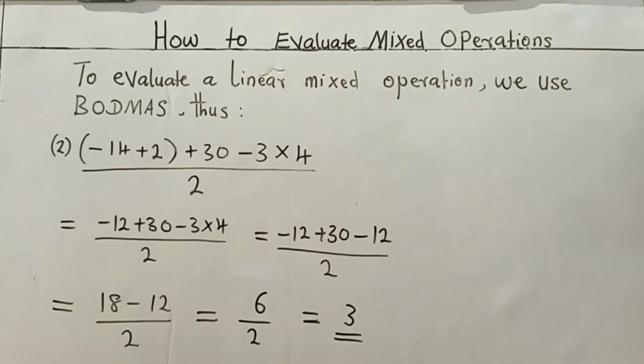Now, what is happening? We are treating the numerator, otherwise known here as the dividend, with BODMAS, because that dividend is linear. Don't forget why we're doing it. It is not the entire division. It is not the entire operation that we are carrying out with BODMAS, but this linear dividend alone.